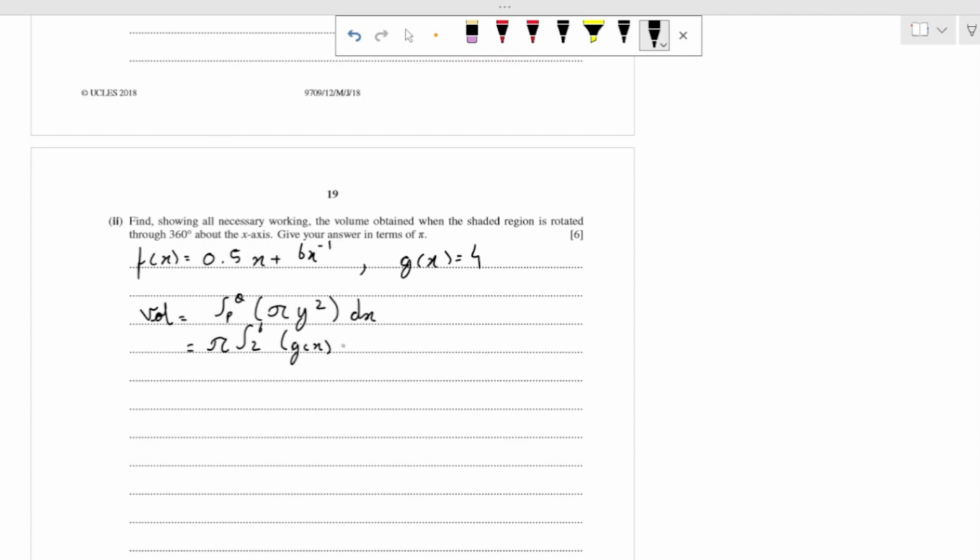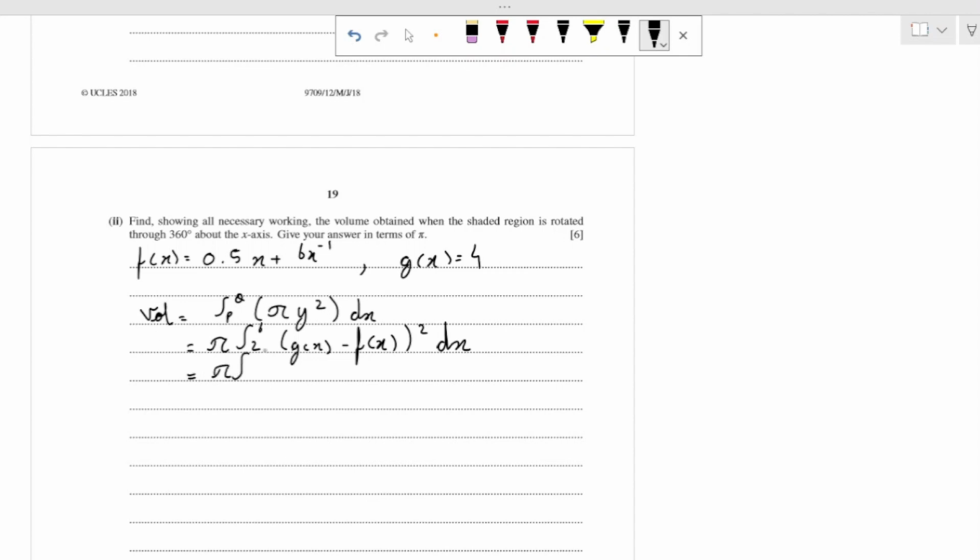G of x minus f of x whole squared dx. This is basically y. And if you think this is too complex and you cannot solve gx minus fx together, you can further split this.